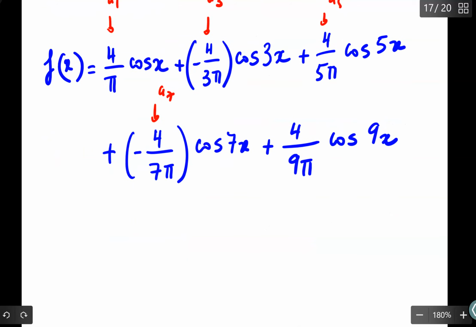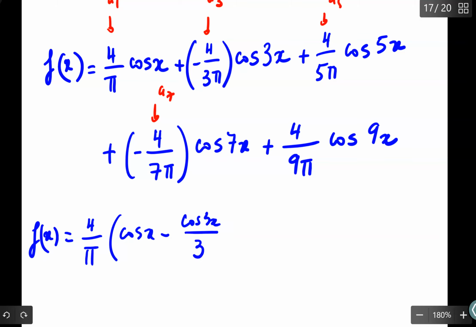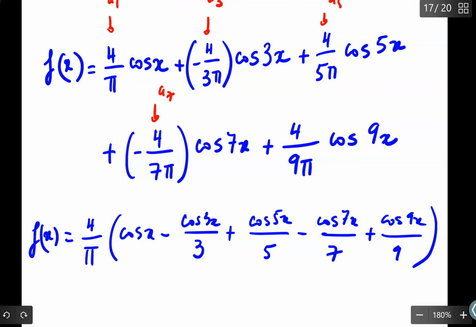So let's factor out the 4 over pi. What I have left inside the bracket would be cos of x, subtract cos of 3x over 3, add cos of 5x over 5, subtract cos of 7x over 7, add cos of 9x over 9.